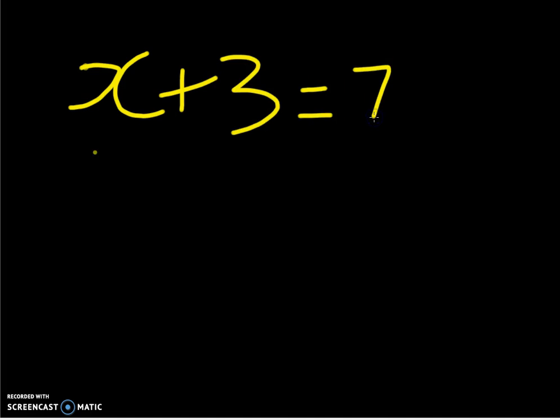What's the value? To find out the value of a variable, for example, you could be given in your exam: x plus 3 equals 7. Find x. This could be the sum.